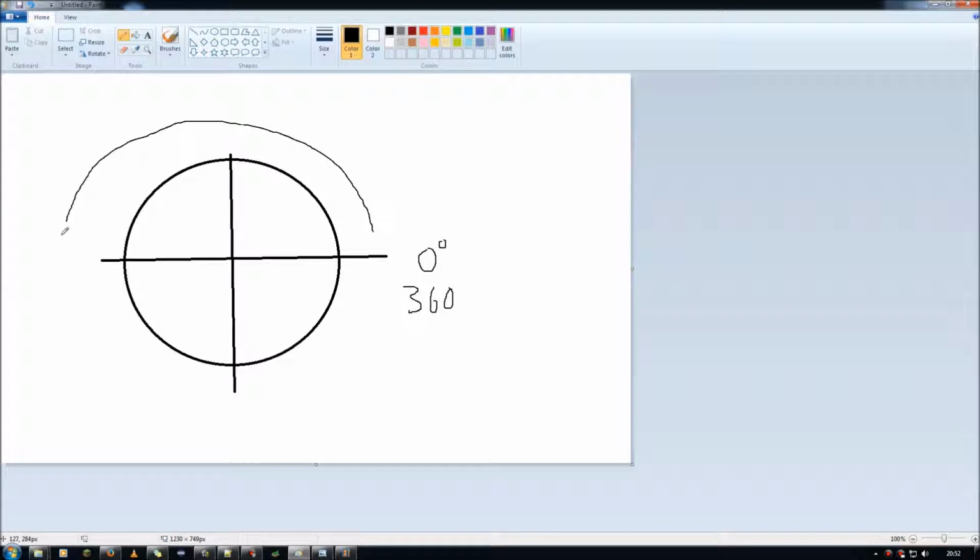So if you go all the way around this way, you've got 90 degrees there, 180, and then 270 here.